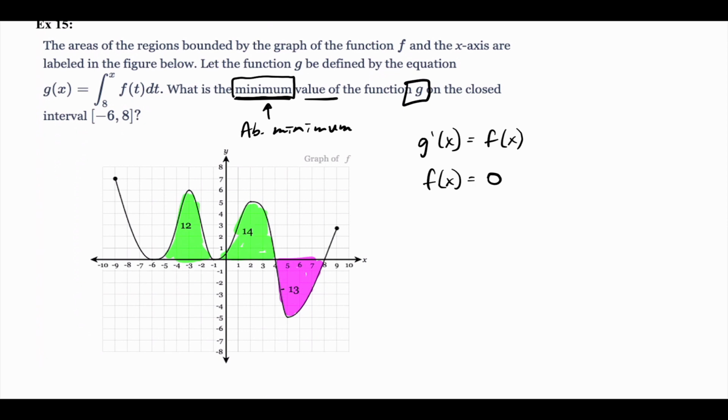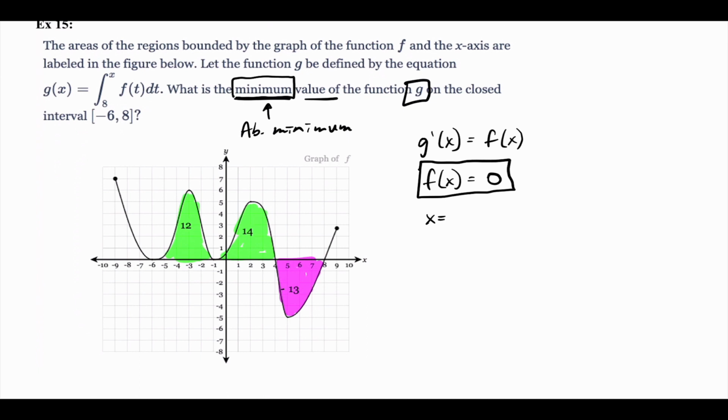When is f of x, or g prime, when is that going to equal 0? How do we know when that's going to equal 0? So how do we know when f of x equals 0?